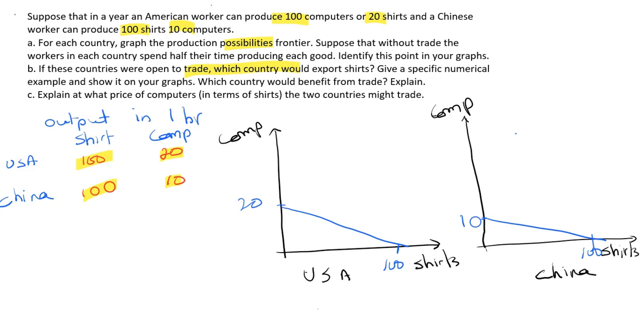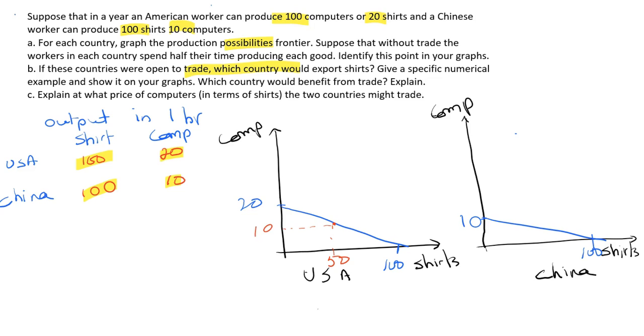They can produce 20 computers in an hour, so in half an hour they can produce 10 computers. So dividing their time equally would put a country in the middle of its PPF. So here we would have 50 and 10.